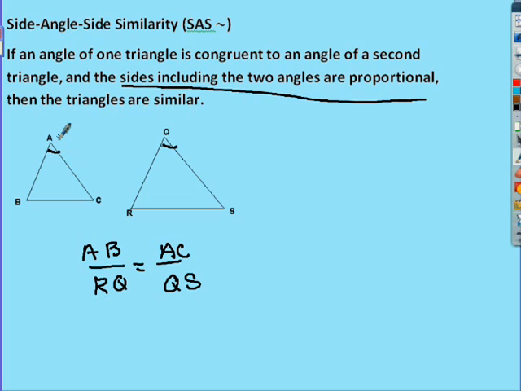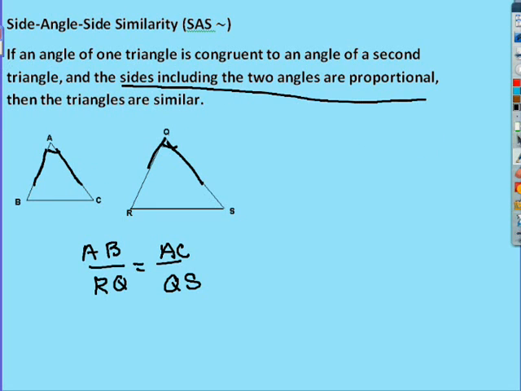It has to be the sides including this angle. So it's this side and this side over this side and this side. So this is enough to say that the triangles are similar because of side angle side similarity.